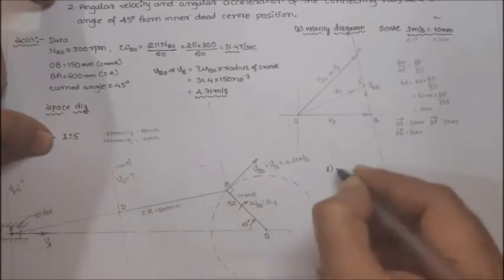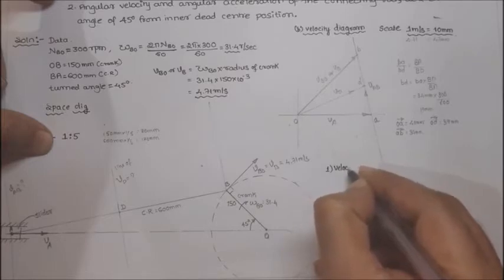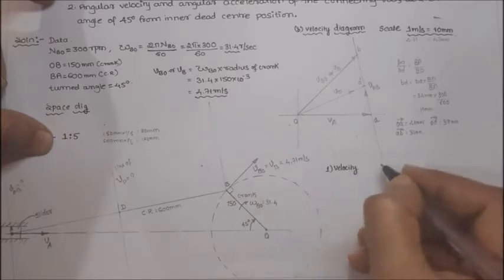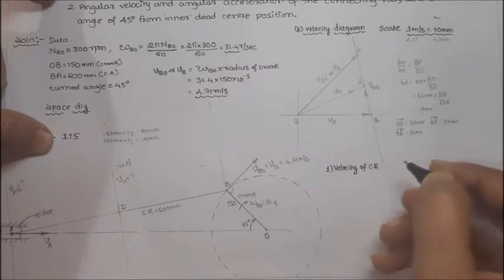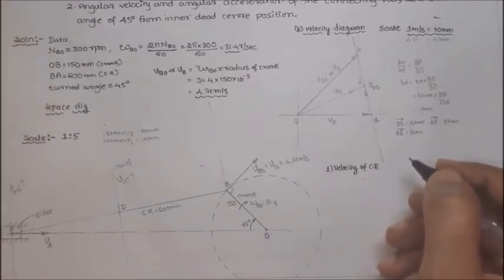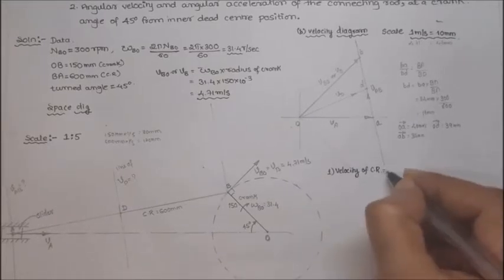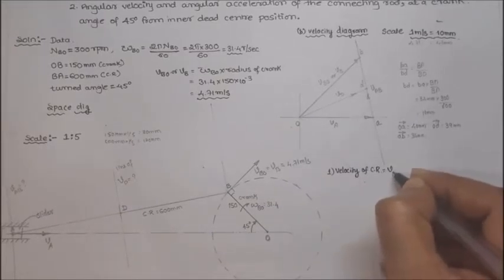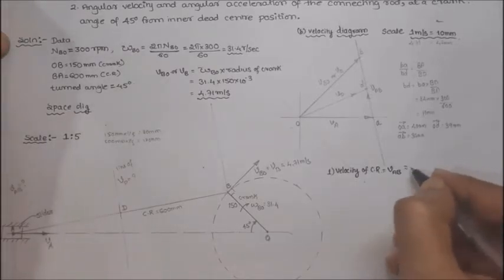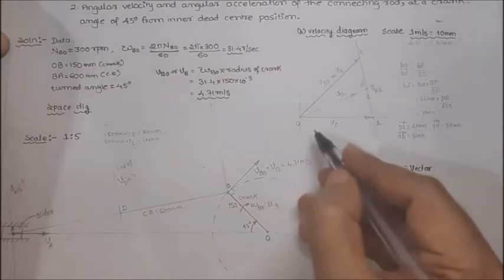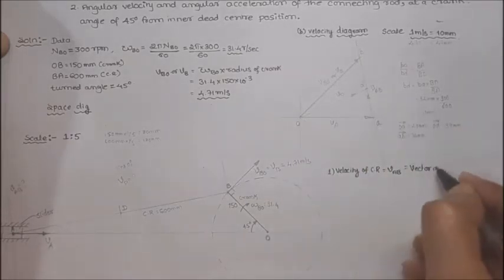First one, velocity of a connecting rod. The velocity of connecting rod, we are having AB, equal to vector AB into scale.